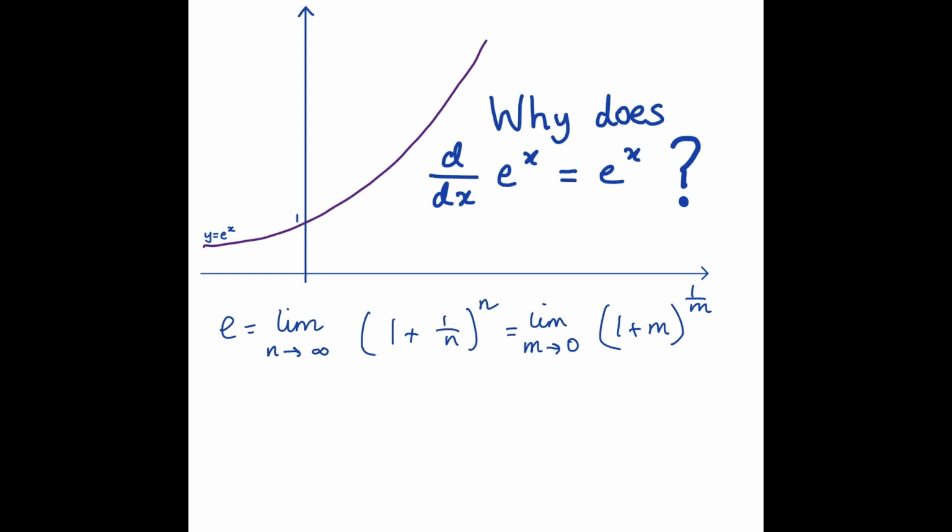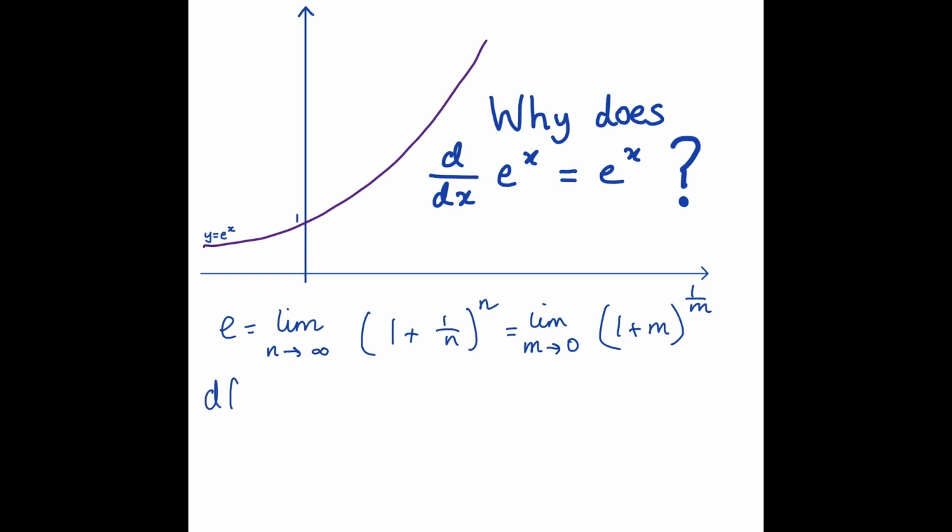Another important thing you should know before we start this proof is how we differentiate from first principles. Now, I'm going to give you the formula right now, but please do watch my previous video on differentiating from first principles if you don't know how to do that already. So let's say we have a function f of x.